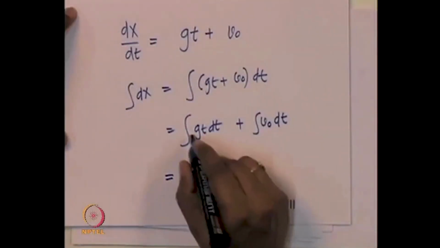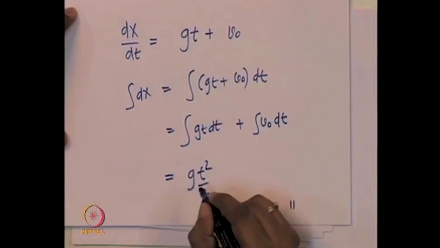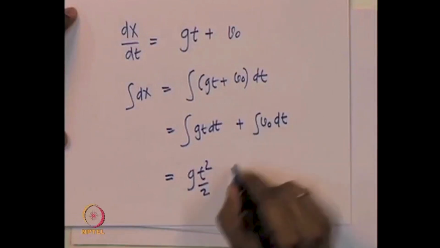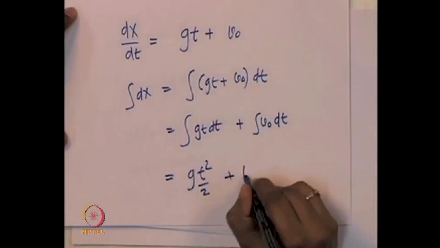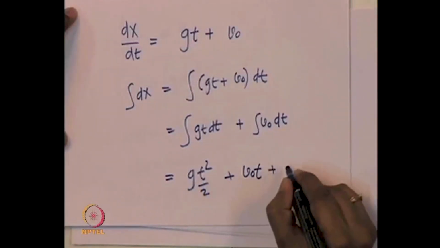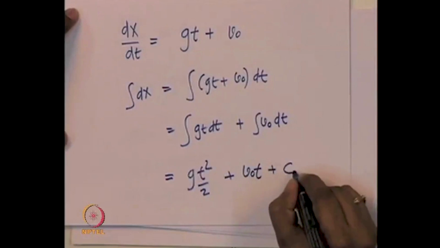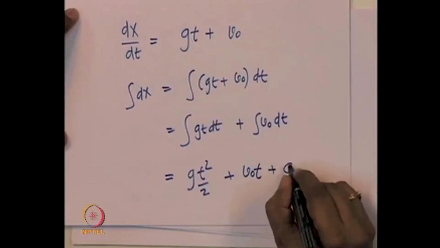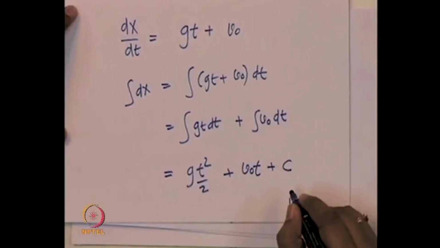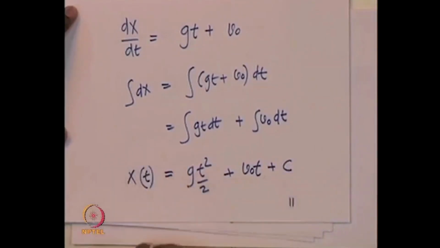This is equal to g t square by 2 plus a constant, and integral of V 0 is V 0 t plus some other constant. These two constants together, let me call as a constant c. So basically what you get is x of t.